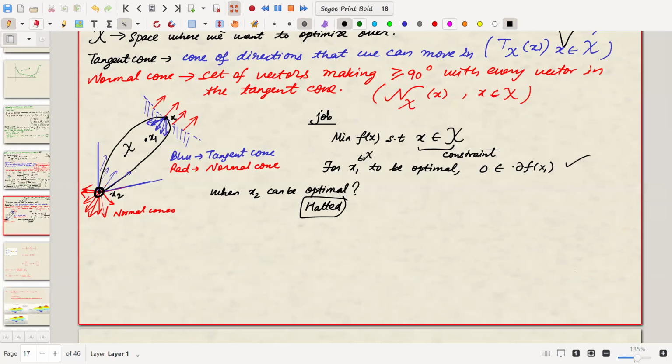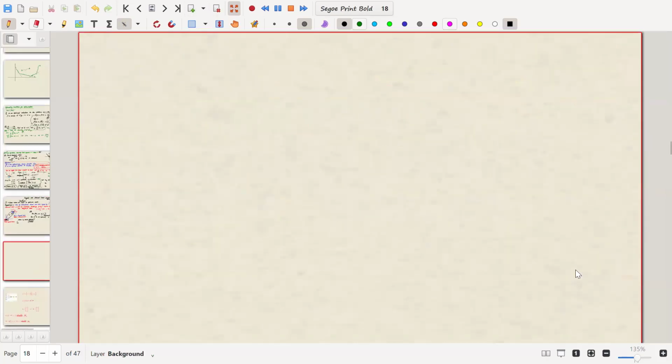I suggest everyone read it and come prepared to tell me what I should write for when x2 can be optimal. There we will see. So this is halted. You should remind me next class.